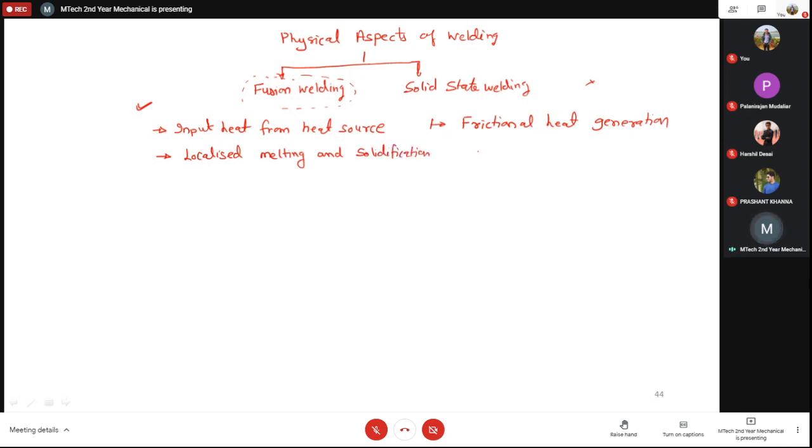Here we don't have the melting of the material, so we can say that the material reaches some plastic state. Okay, so due to the stirring action, the material reaches some plastic state.